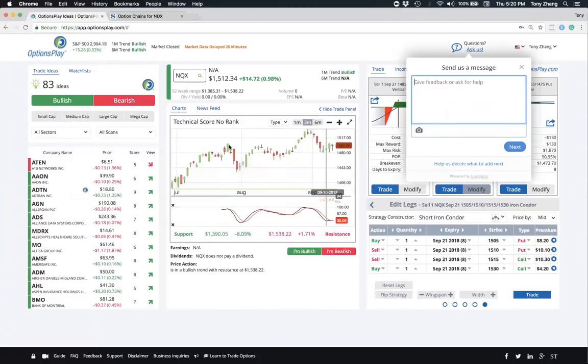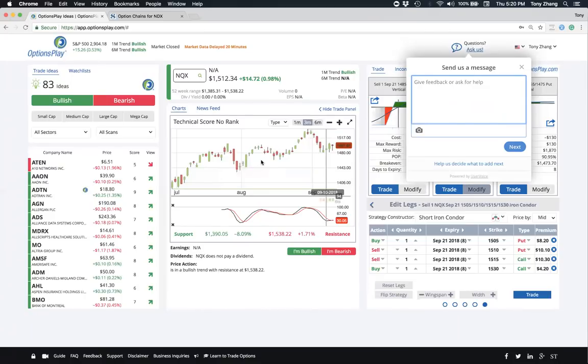Rose, the expiration on 2018 September 21st AM. What does the AM mean? Really, really good question. On the NDX, there are still AM and PM expirations. The AM expirations refer to contracts that actually stop trading on Thursday afternoon instead of Friday afternoon, and they're settled based on the Friday opening price.